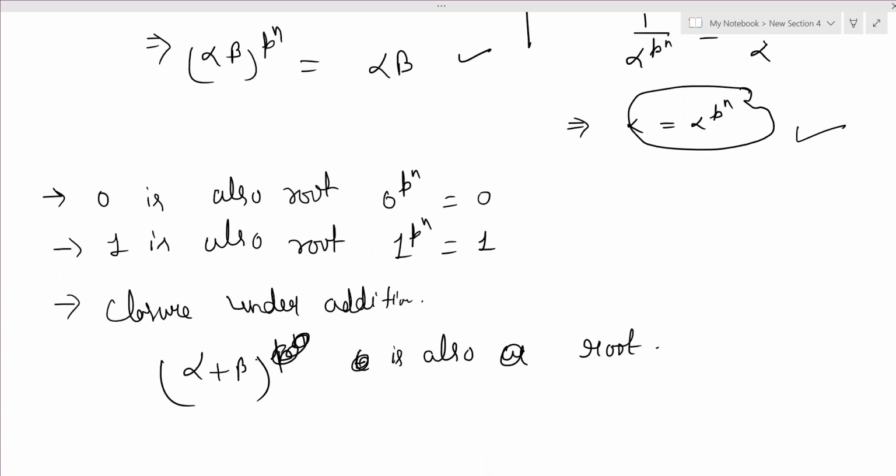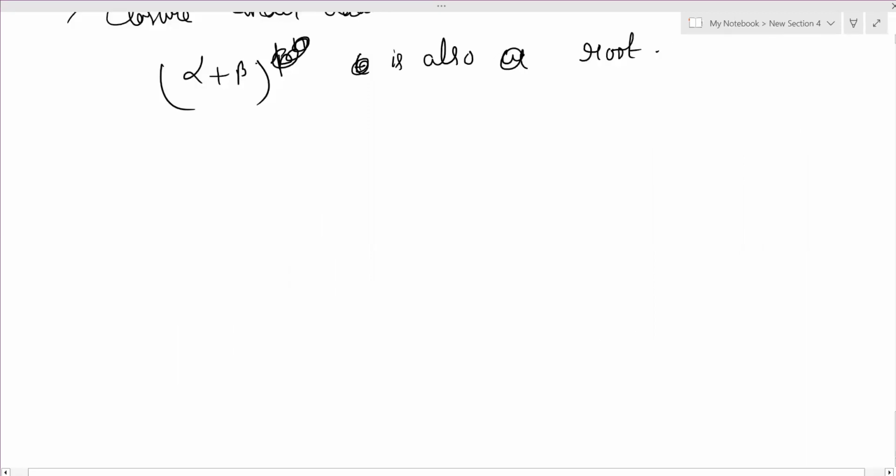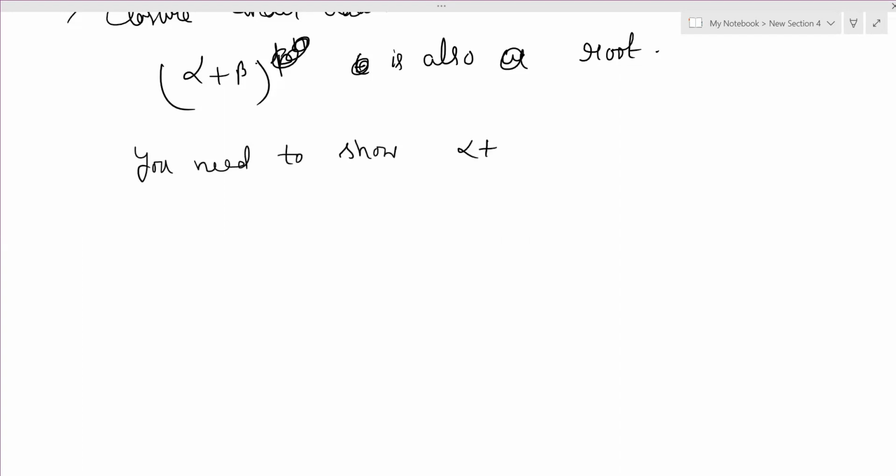How will you check this one? You need to show alpha plus beta p to the power n is equal to alpha plus beta. Muthukumar, is this true or not? It's true. How?